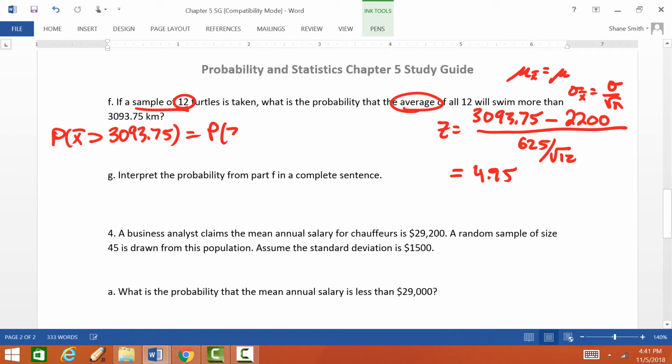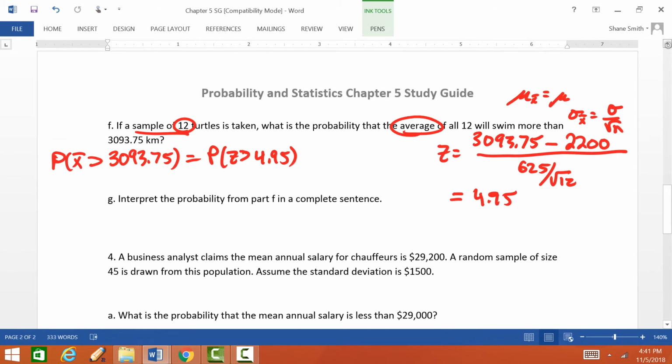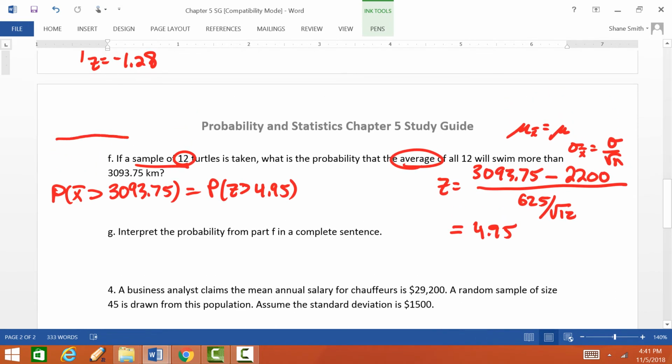So this is the probability that z is greater than 4.95. And this is an interesting one because if you look at 4.95, you try to find that on your chart, you didn't do anything wrong. 4.95 is way out here. So this is a z-score of 0, 1, 2, 3, 4, 5. 4.95 is out here.